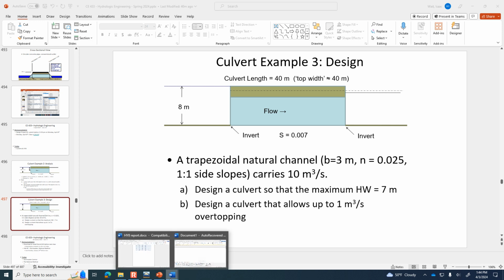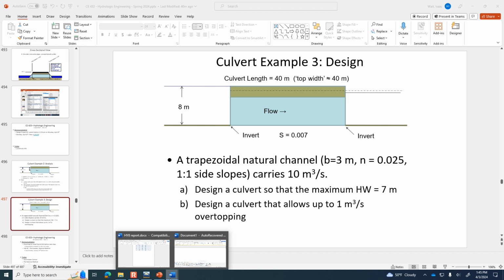So if we take that to this front view, 8 meters is where the road is. So here's the roadway surface, and it's a trapezoidal channel. So how long is that roadway surface over the channel part of it? So 3 meters wide, and then it's got 1-to-1 side slopes, right? The problem statement said it's 1-to-1.